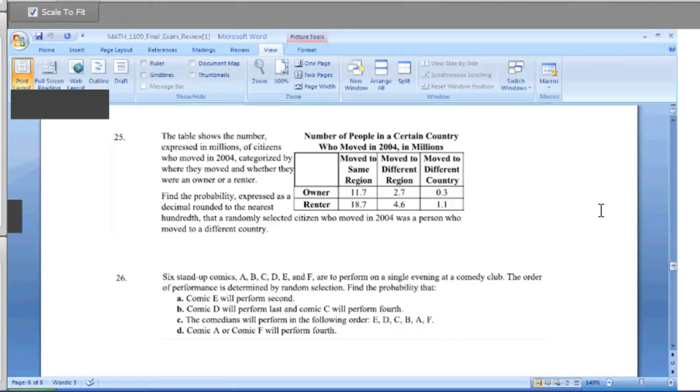So we need the number of people that move to a different country out of the total number of people that move, so the total number of people in this chart.